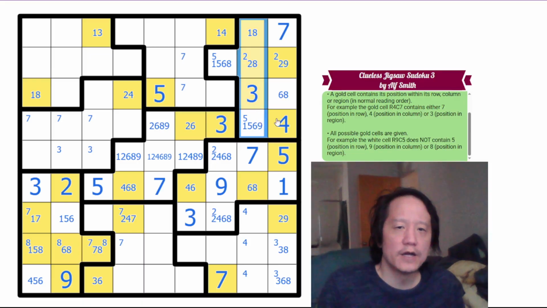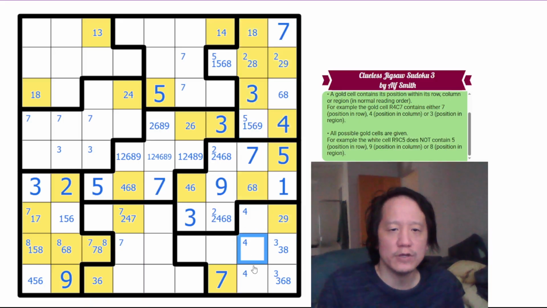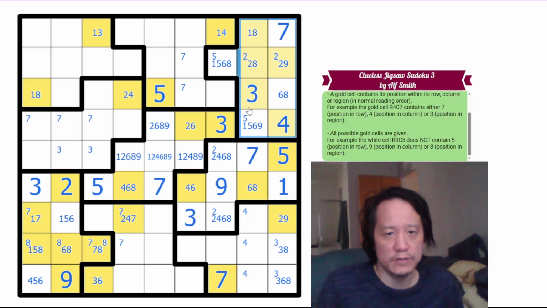Where are the 9s in columns 8 and 9? They have to be in these 2 cells. Or 2 regions, shall I say.